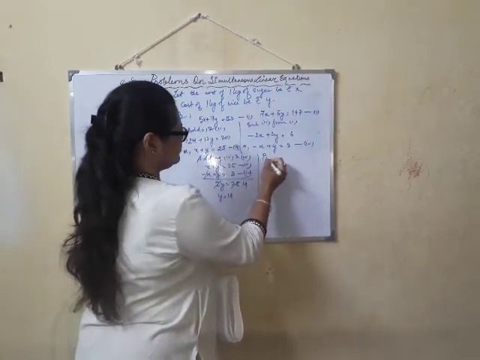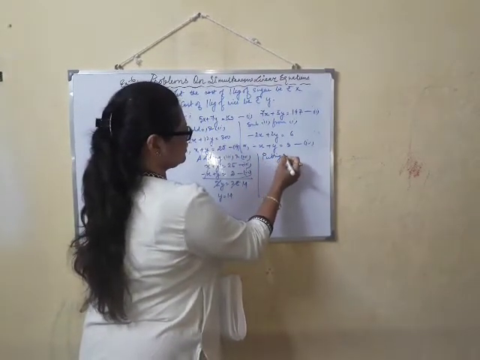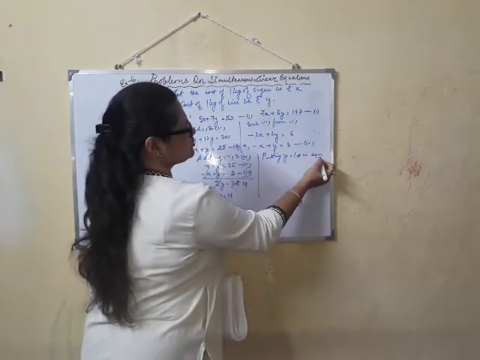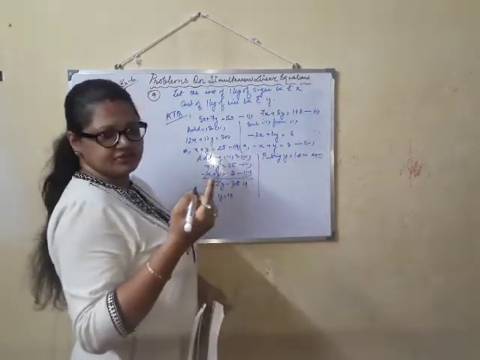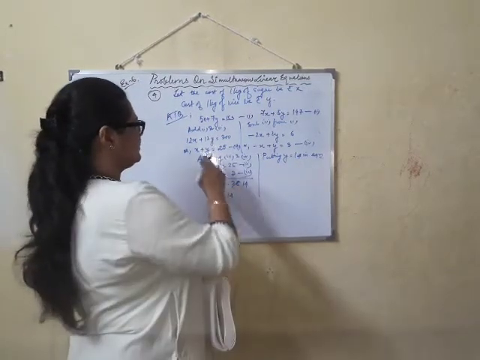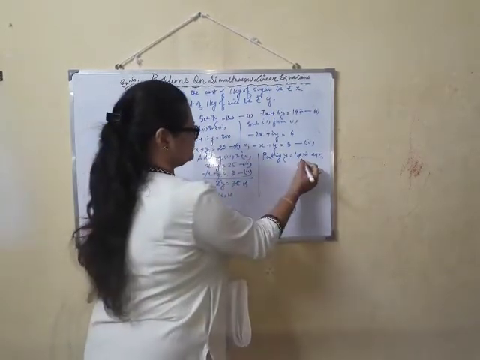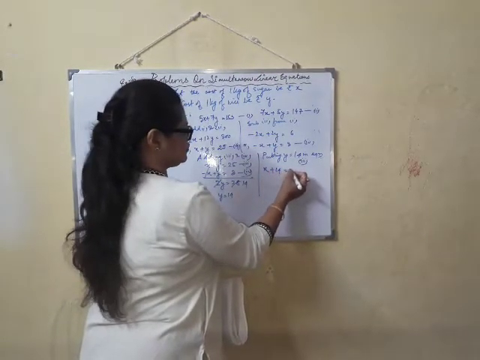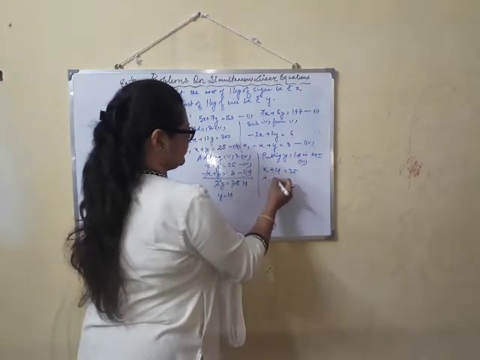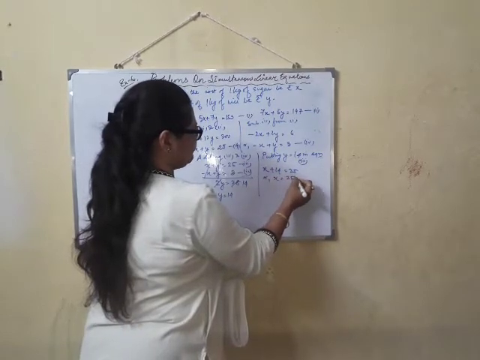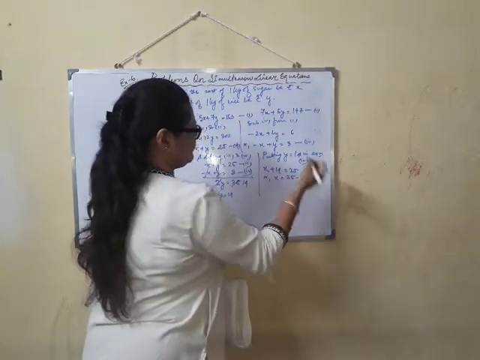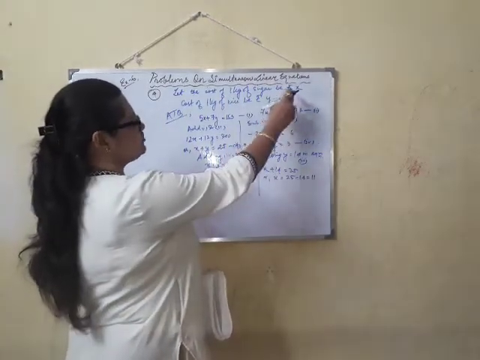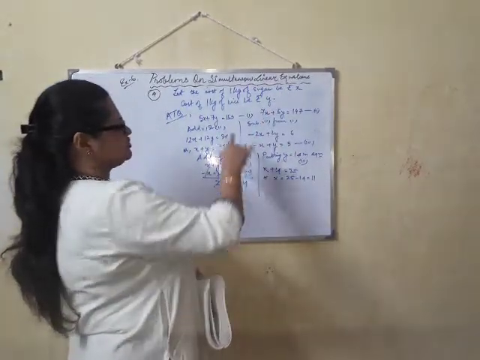Now putting y equal to 14 in any one of the equation of your choice. I am putting y equal to 14 in equation number 3. So I get x plus 14 is equal to 25, or x is equal to 25 minus 14, that is 11.